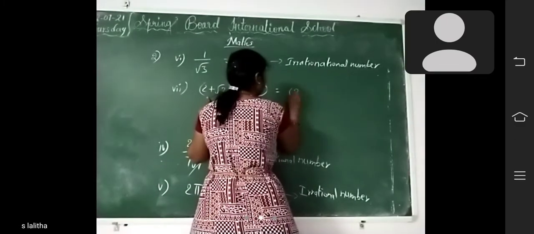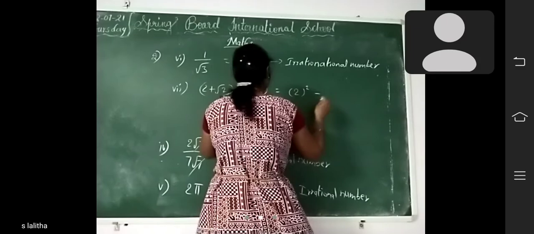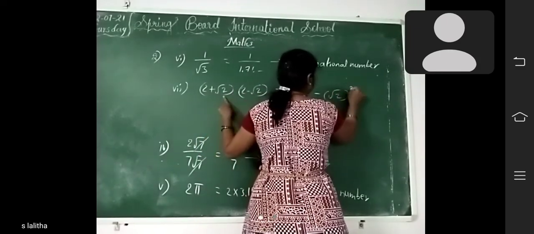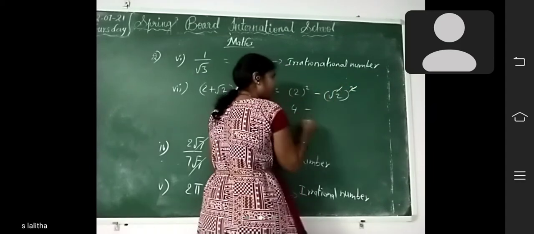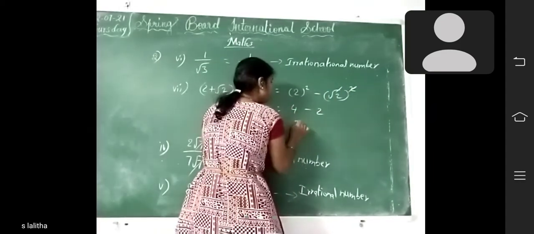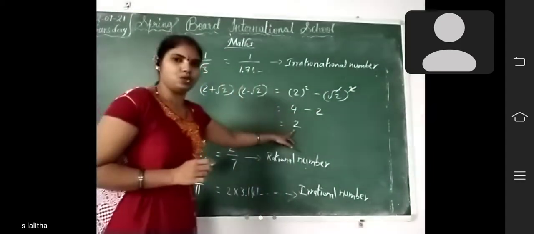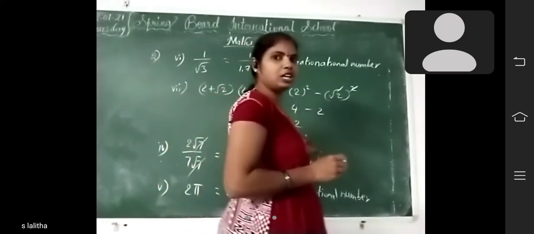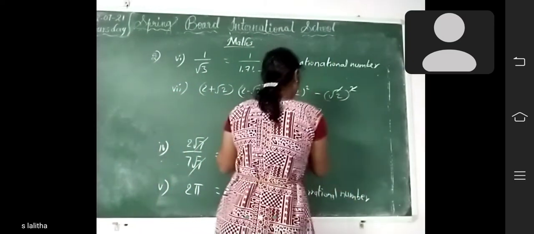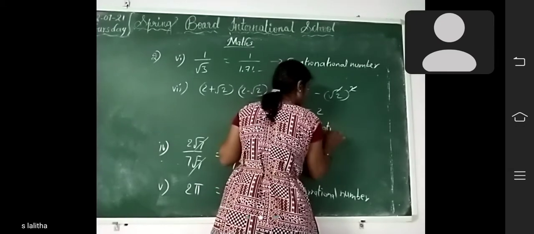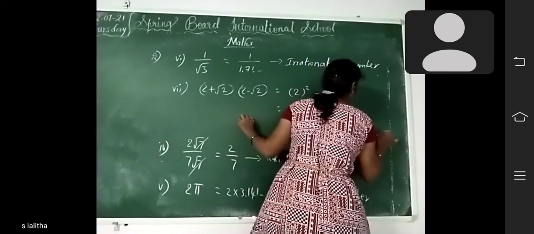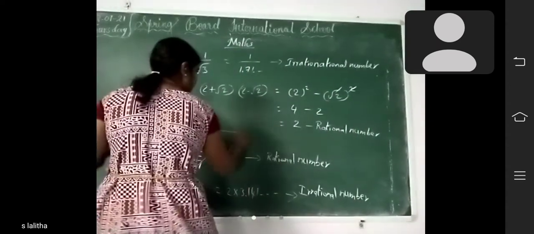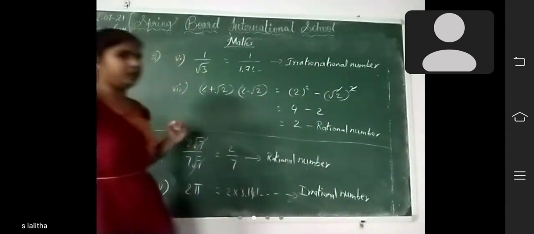So what is there here? 2 square minus root 2 whole square. So 2 square means 4. Root 2 whole square, square and square root will be cancelled, so 2. So 4 minus 2 is 2. Is 2 a rational or irrational number, children? Yes, it is a rational number.